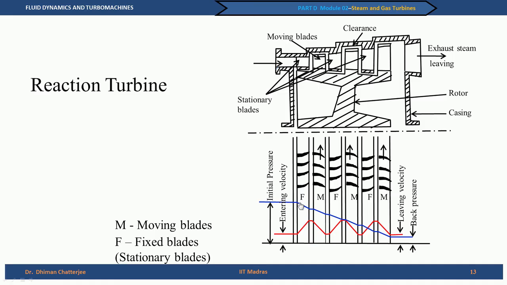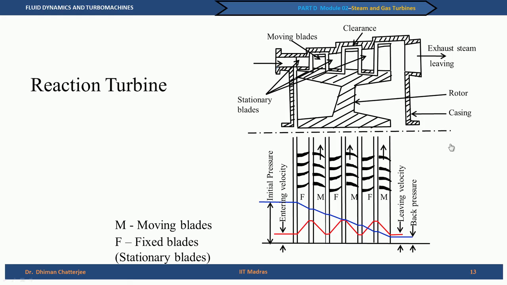You see in this case the pressure reduces in the fixed blade, in the moving blade, fixed blade, moving blade. Why? Because in a reaction turbine there is no restriction that pressure should not reduce in the moving blades. And you can also see the deflection angle is not as significant as in the case of the impulse turbines. The blades are not so highly curved. This we have also discussed in connection with the degree of reaction and the blade curvature.